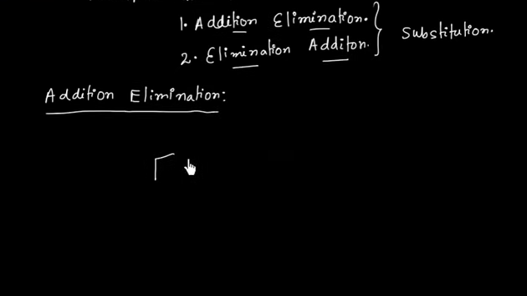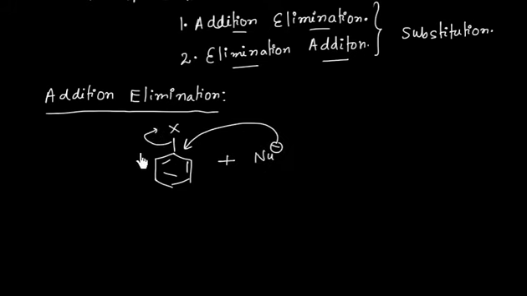If a halogen group is attached to the benzene ring and it reacts with a nucleophile, it looks like the leaving group will go, but this reaction does not take place. So in this case we have no reaction.